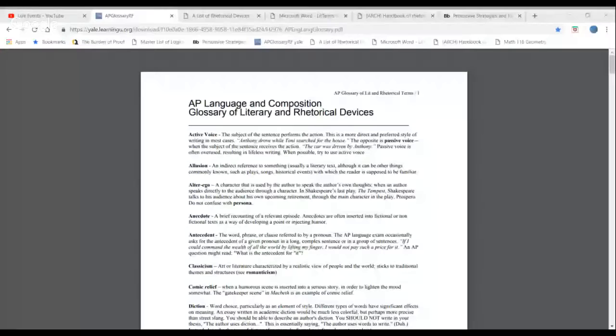Just going to share this a minute. I've got this AP Language and Composition glossary of literary and rhetorical devices.